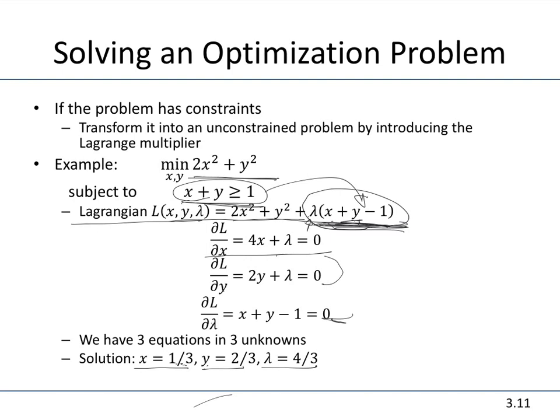Wait, lambda should be the maximum. It's like a penalty, right? Then we should maximize if it doesn't fulfill.